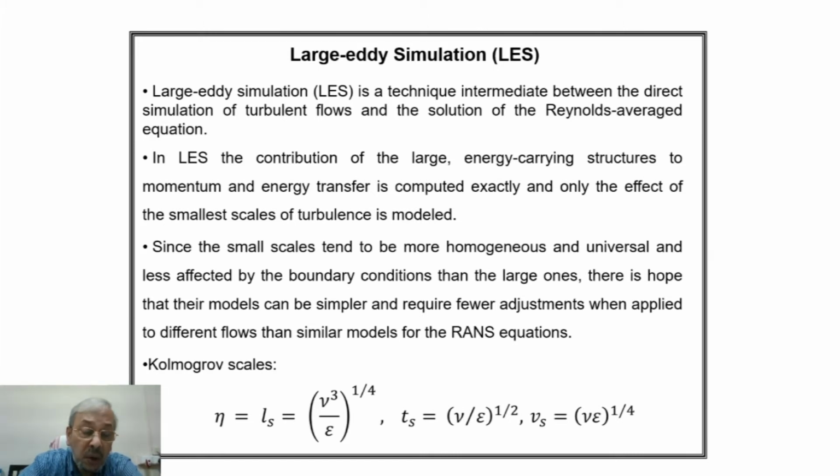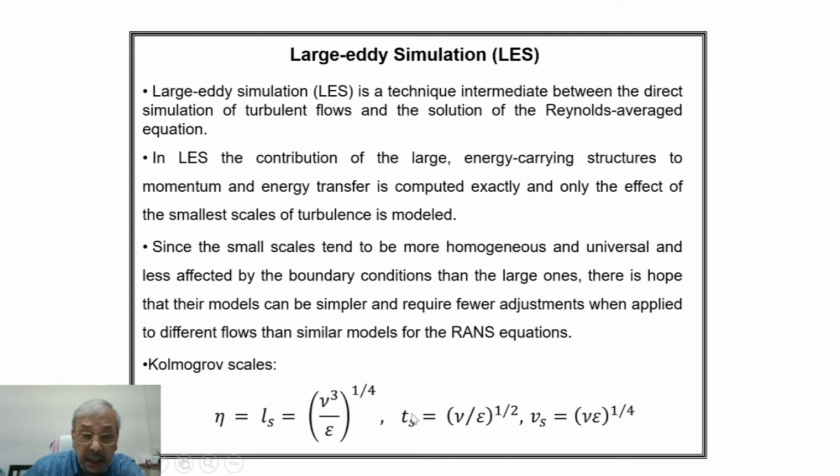So the Kolmogorov length scale is given by eta. We have written nu cubed by epsilon, where nu is the kinematic viscosity and epsilon is the dissipation rate of turbulent kinetic energy, the whole to the power 1 by 4.